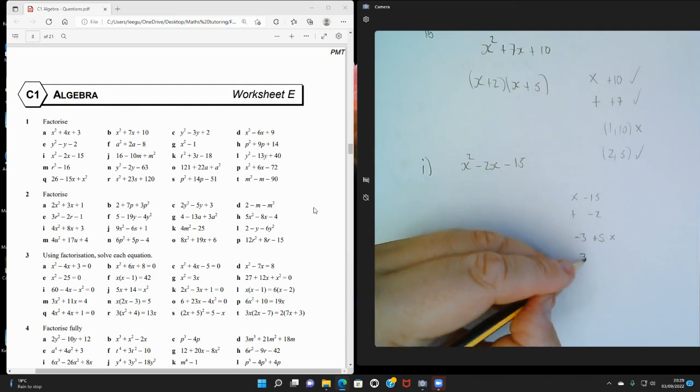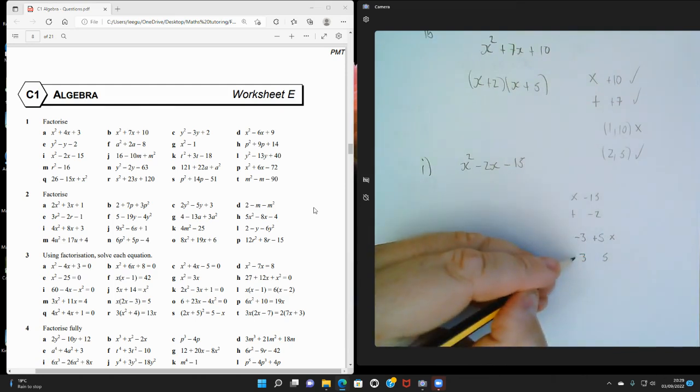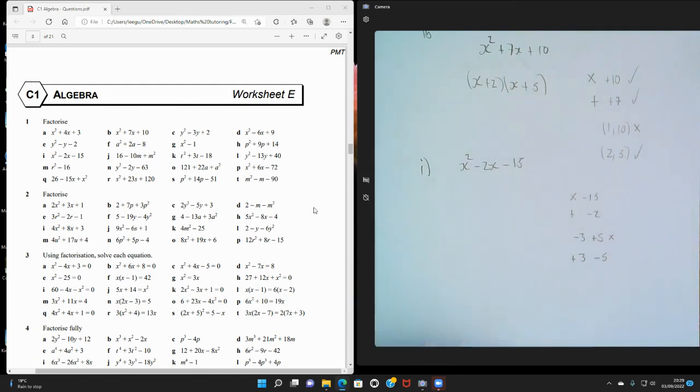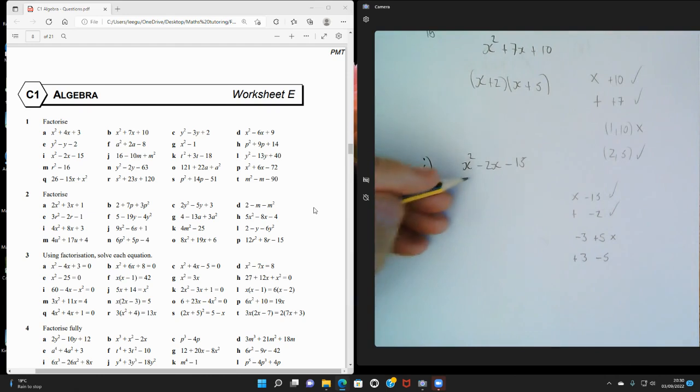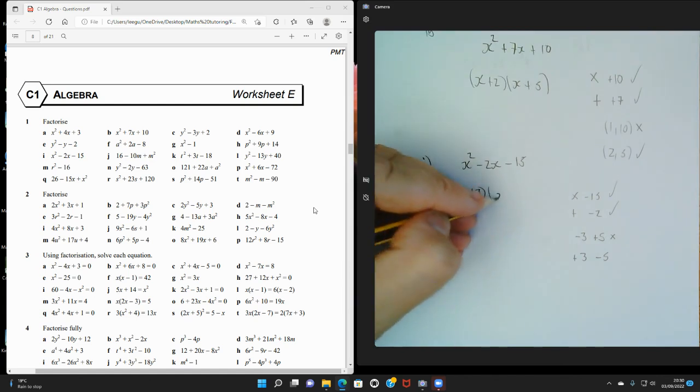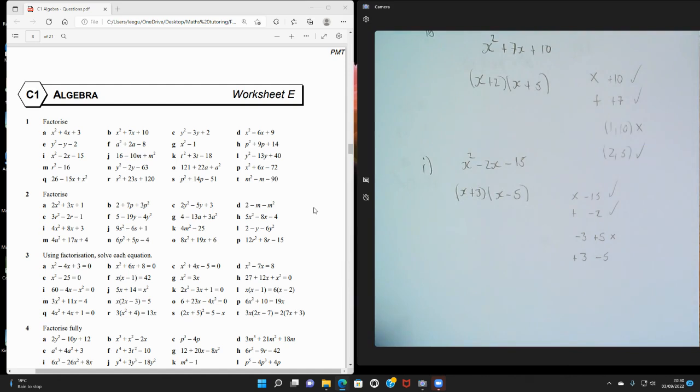So let's see, could it be 3 and 5, but maybe this one's positive and this one's negative? Well, 3 times minus 5 does make minus 15, and minus 5 add 3 does make minus 2. So we found the correct factor pair. This expression factorizes into x add 3 and x minus 5. And that's that one factorized.